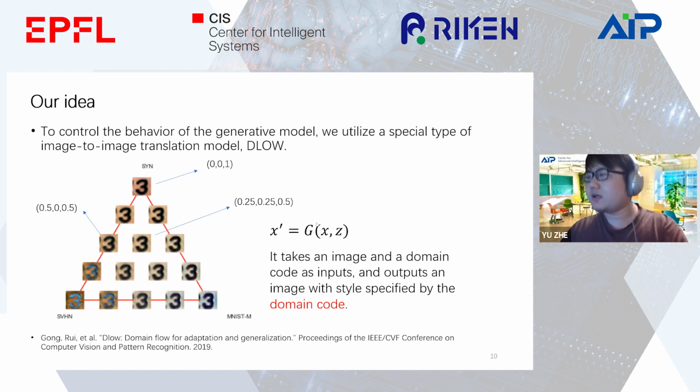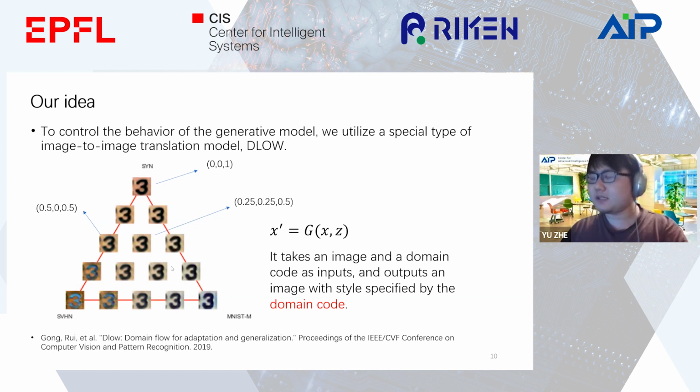For a DLO model G, it takes two things as input. One is the original image X. The other is a domain code, we call it domain code Z. The output is images X prime with the style specified by the domain codes.